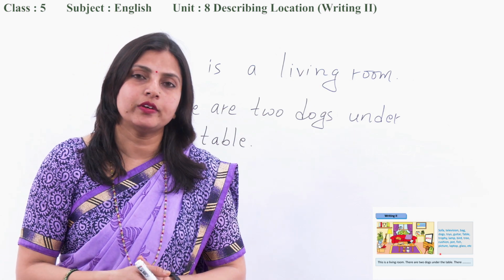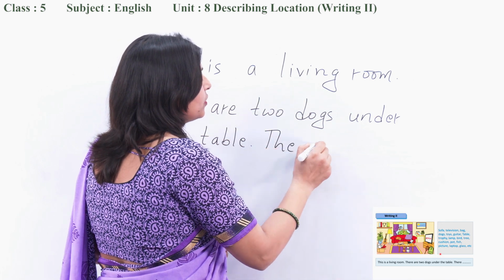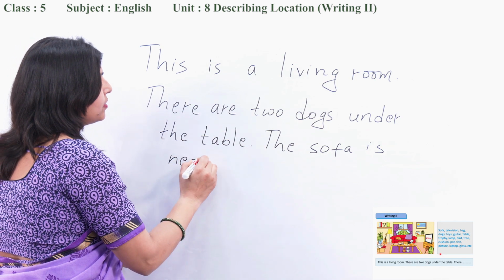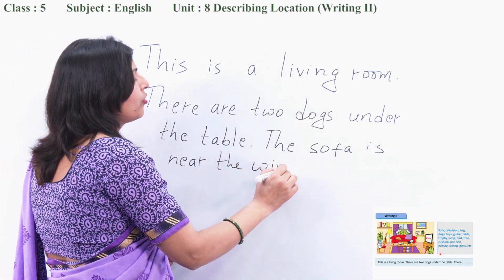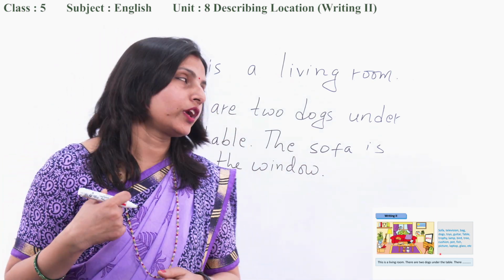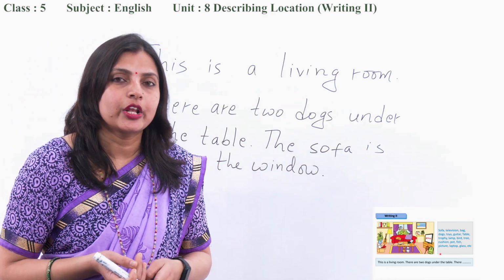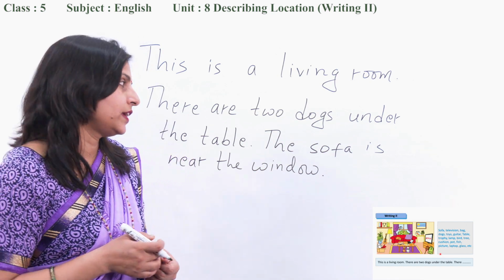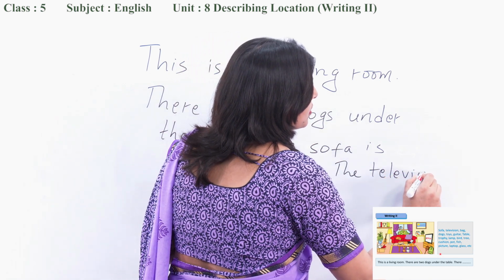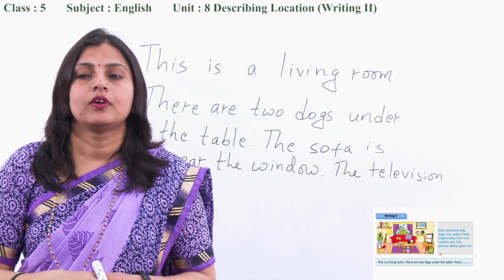Where is the sofa? Tell me. Where is the sofa? Yes, good. The sofa is near the window. You can also say it is in front of the window, okay? The sofa is near the window. Then tell me, where is the television? Yes. The television is, where is it? Can you see there?